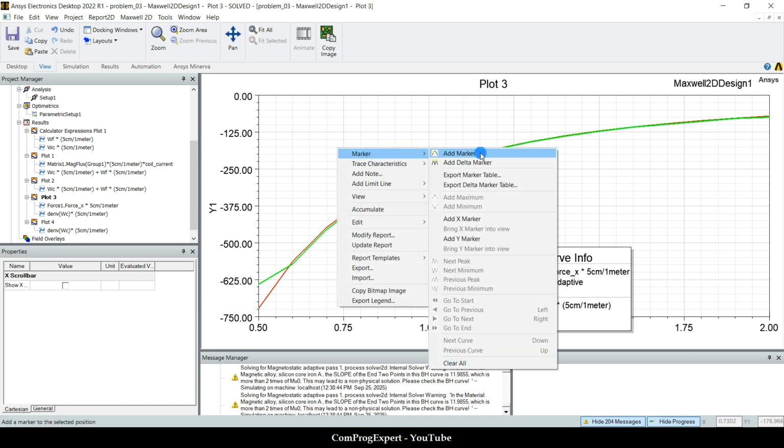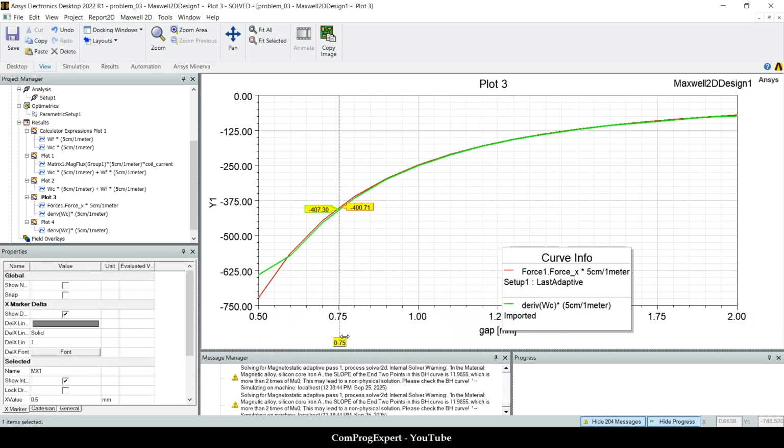So here you need to add this X marker when the value of the gap is 1 millimeter. We have these two values. You need to reduce the step size. Okay, this is just a derivative calculation, don't worry about this.